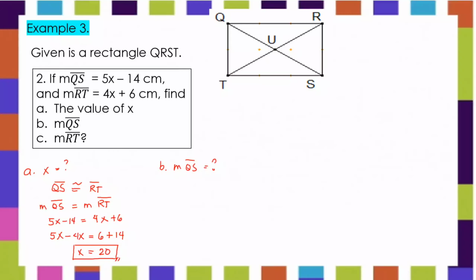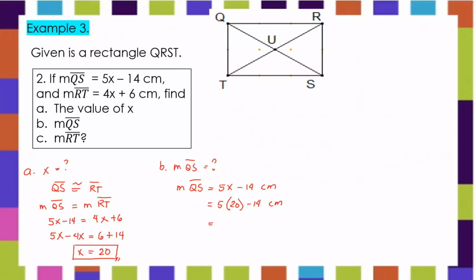So, given naman yung measure ng ating diagonal QS, we have the measure 5x minus 14 centimeters. So, for us to get the value of diagonal QS, isa-substitute lang natin yung given value ng x na nasolve natin kanina. So, we have the measure of diagonal QS, which is 5, multiplied by the value of x, that is 20, minus 14 centimeters.